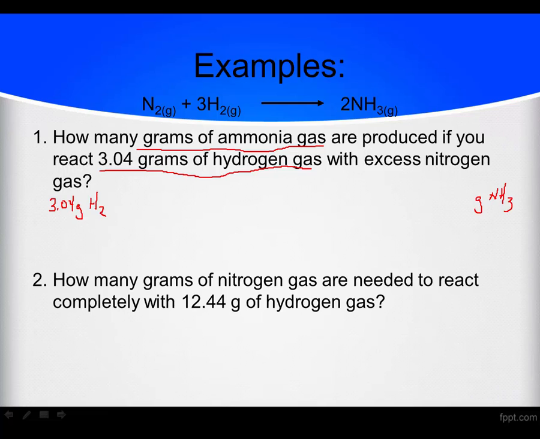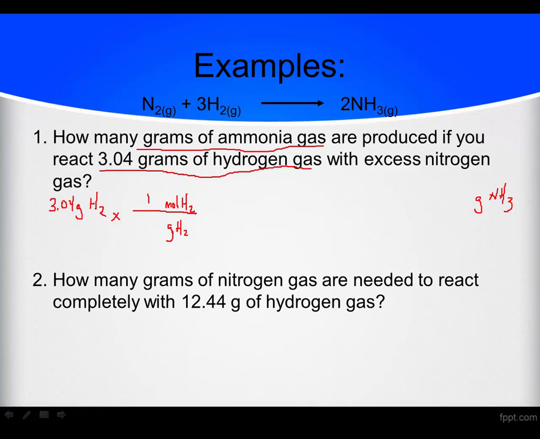Again, that excess nitrogen gas is just telling me that I've got plenty of that and I don't need to worry about it at all. So grams of hydrogen goes on the bottom. The very first step says, if necessary, convert to moles. I'm not in moles, so I'm going to convert to moles of hydrogen.